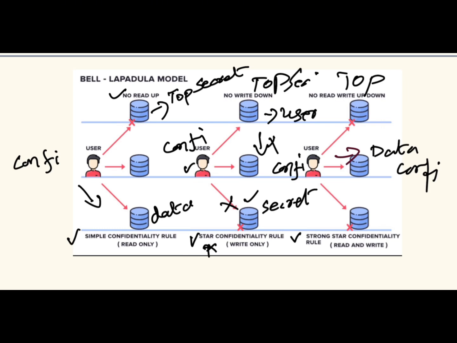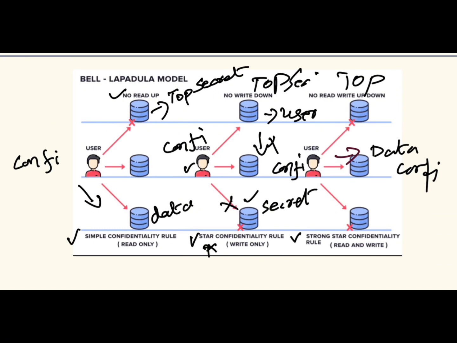Another question would be how the Bell-LaPadula model is enforced in reality. The Bell-LaPadula model is implemented through mandatory access control in government, military, and highly secure environments. Enforcement of the model is done by the operating system, databases, and security policies. So this is how we can implement it in real time.